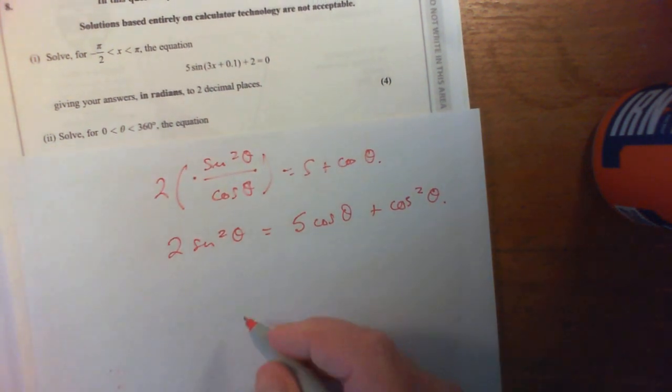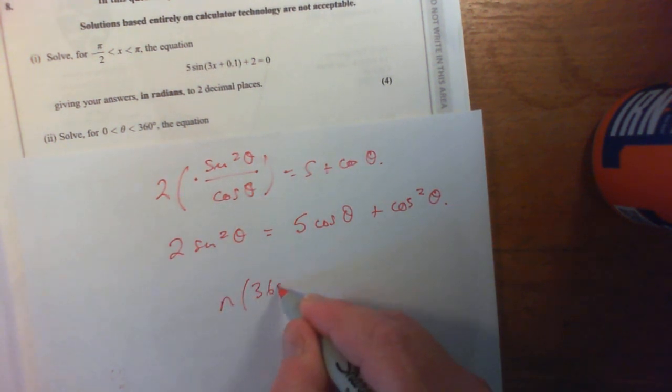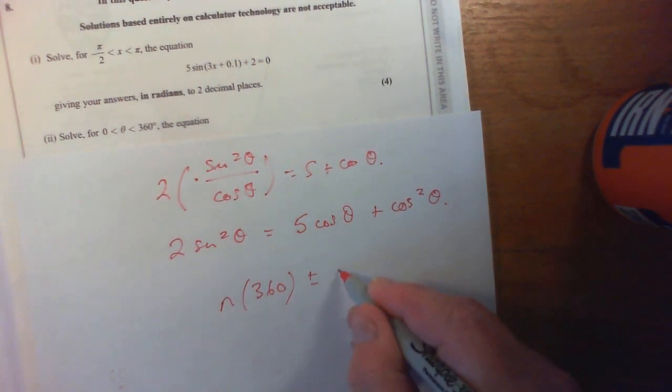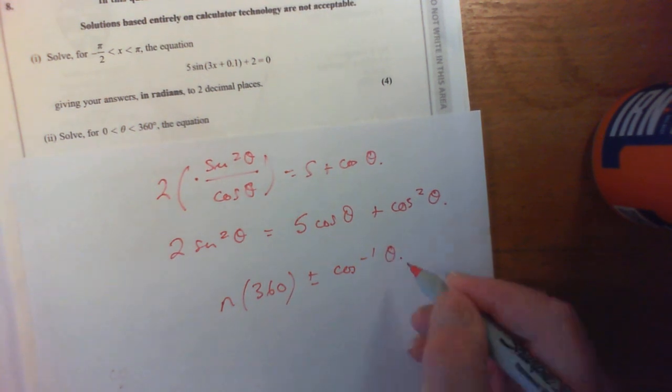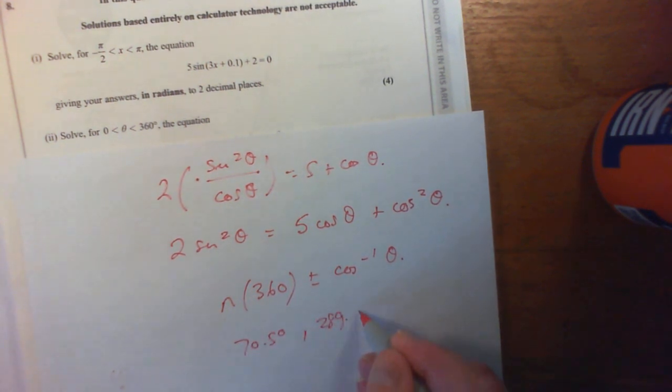So cosines are more advantageous because we're dealing with degrees here. So the general formula will be n times 360 plus or minus whatever the cosine is. So typically on this one here, you've got two answers: 70.5, 289.